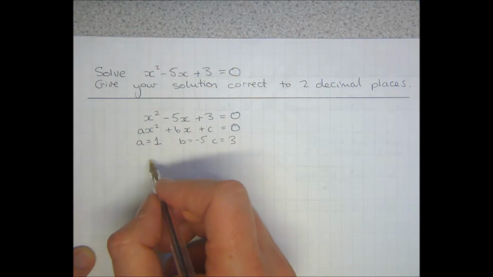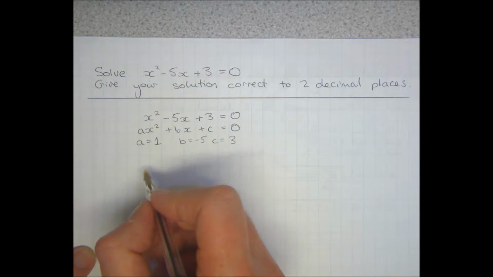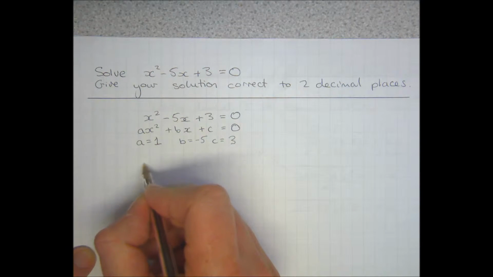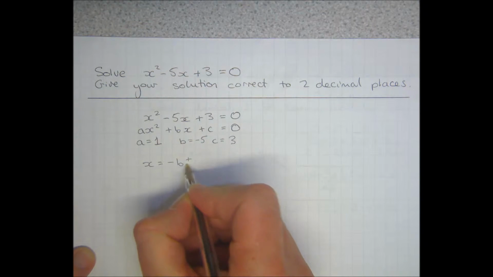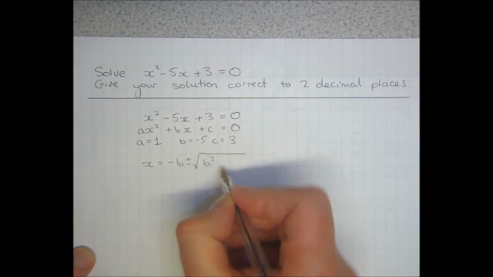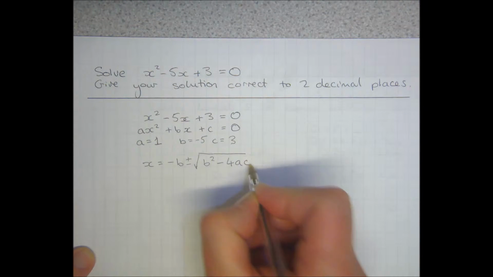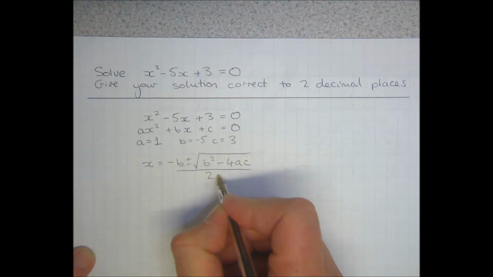Now, the next step is to substitute this into the quadratic formula. This is the quadratic formula: x equals minus b plus or minus the square root of b squared minus 4ac, divided by 2a.